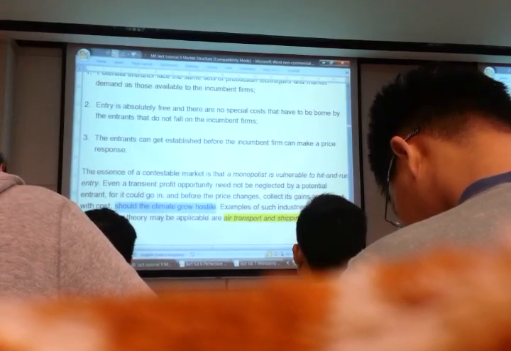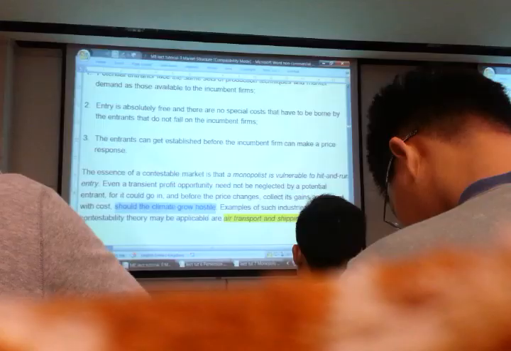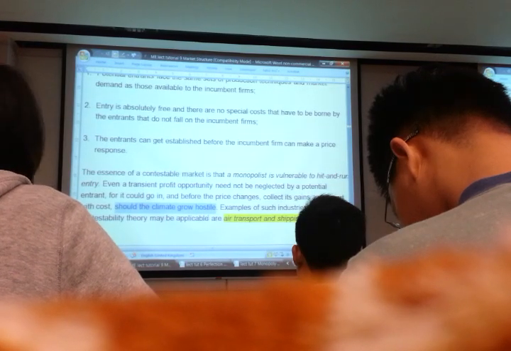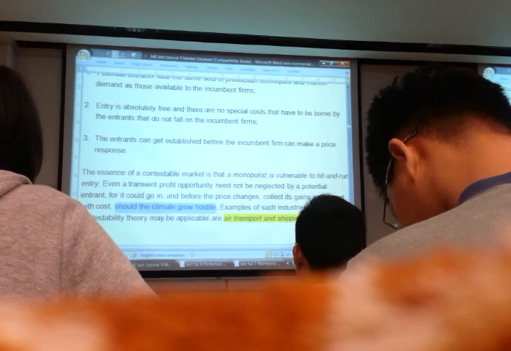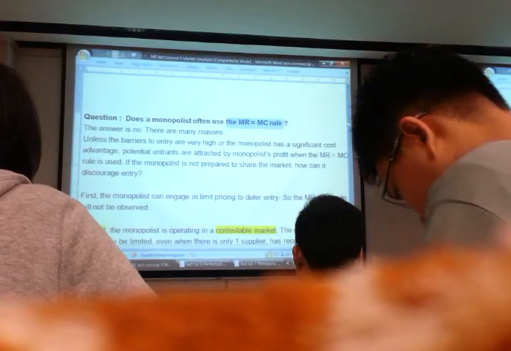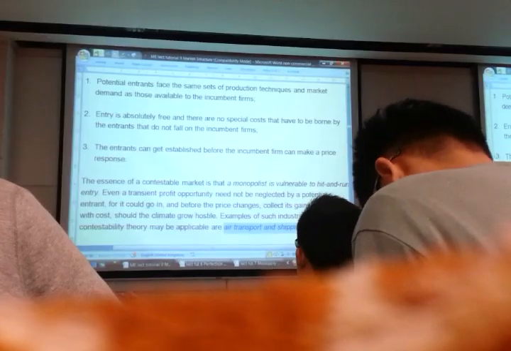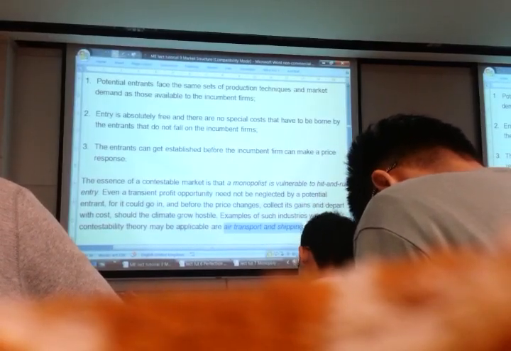Once the incumbent starts to lower price, they move out. That means in a contestable market, I don't think the monopolist can actually set the price at MR equals MC, because it's subject to new entrants coming in and moving out anytime.